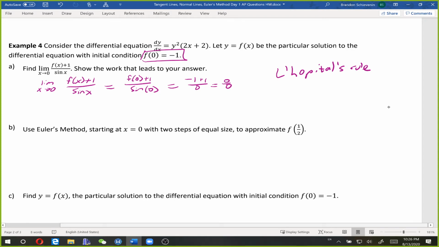With L'Hospital's rule, this is going to be the derivative of the top. What's the derivative of f of x plus 1? What's the derivative of f of x, just in general?